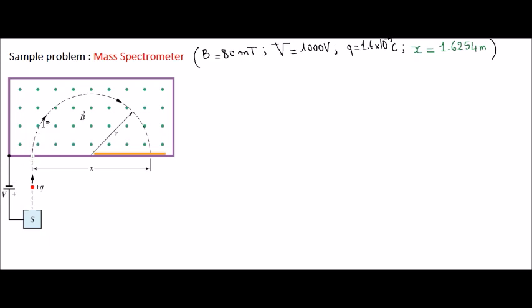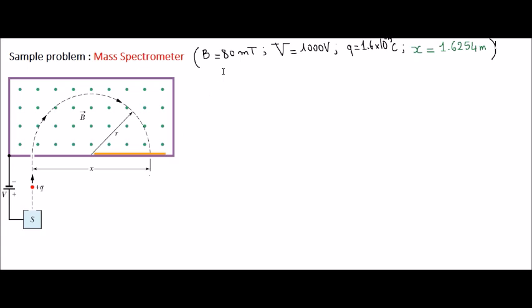The ions will be deflected through a circular path, or more exactly a semicircular path, and they will hit a detector. And the machine will calculate the distance x shown here.